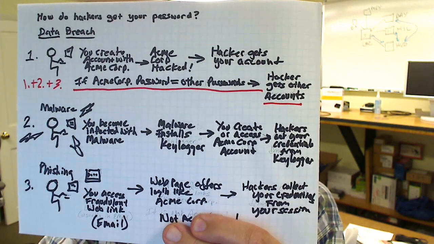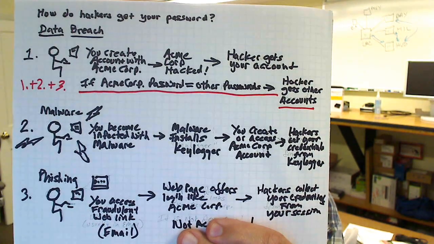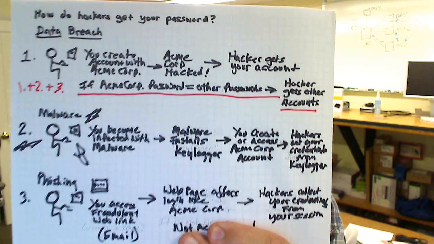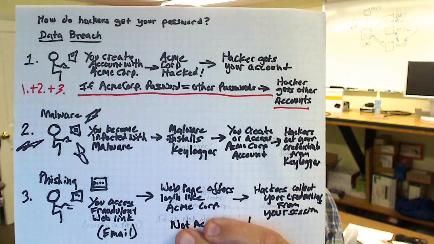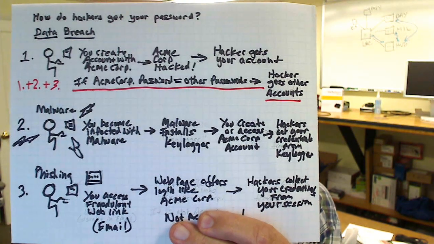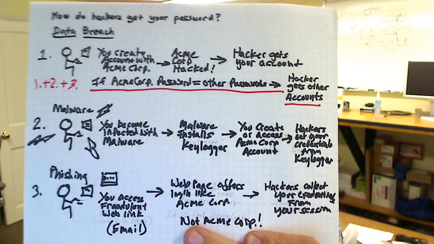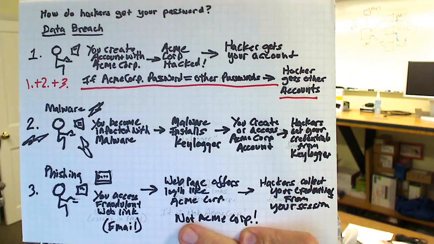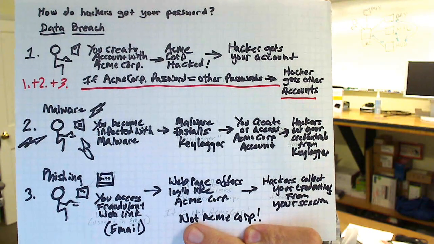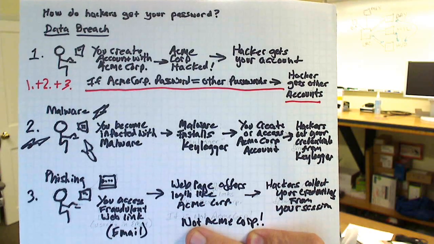But it's just a simple way to really talk about three main vectors that hackers have for attacking you and getting your credentials. And they want to do this because they want to get your money, most of all. They also want to impersonate you, and they want to get other credentials of your friends and associates.